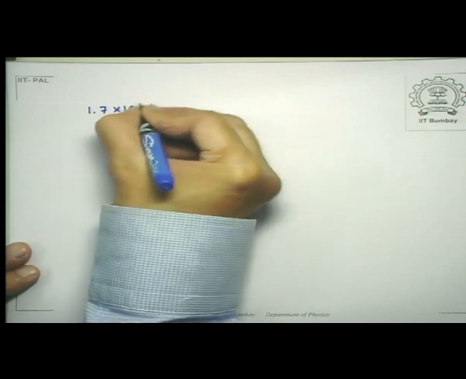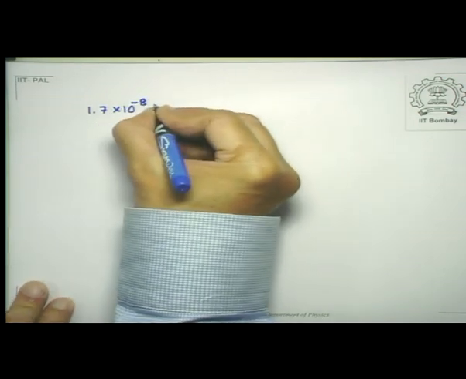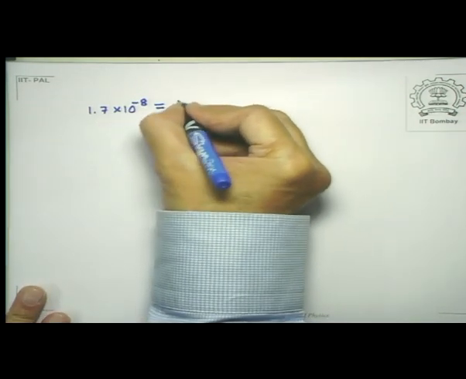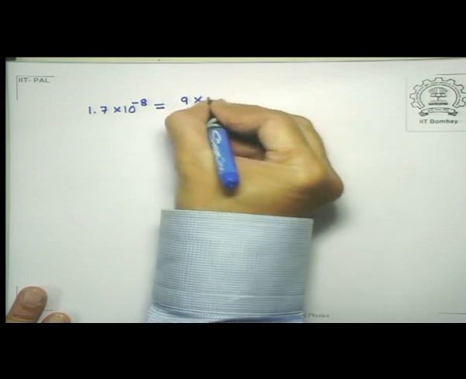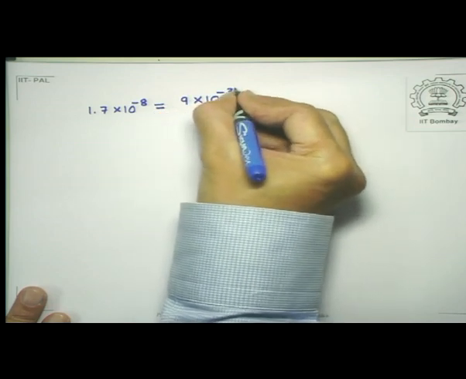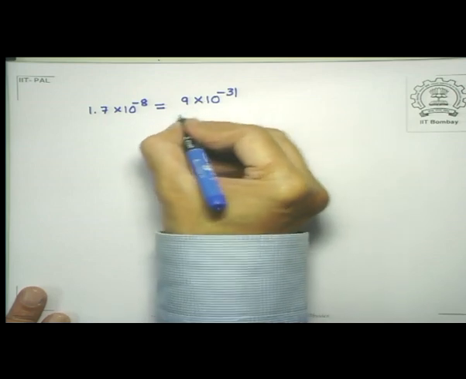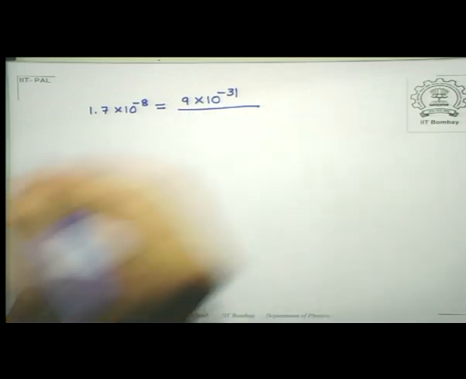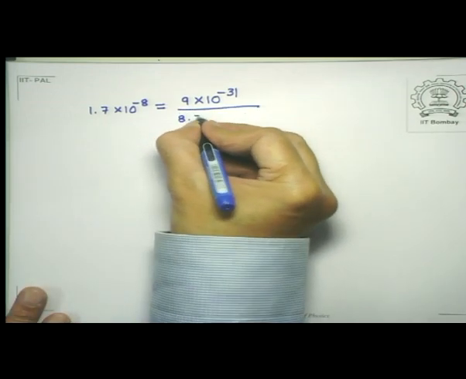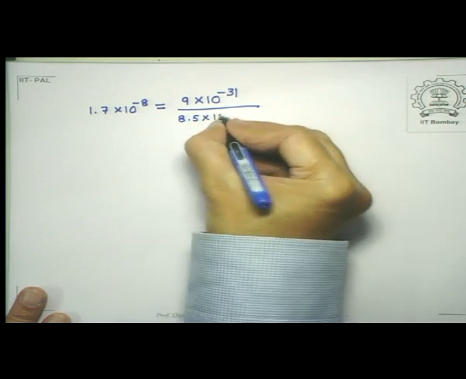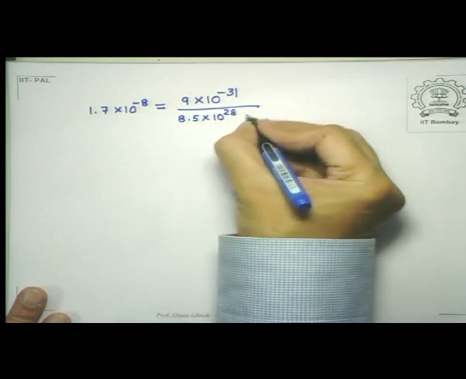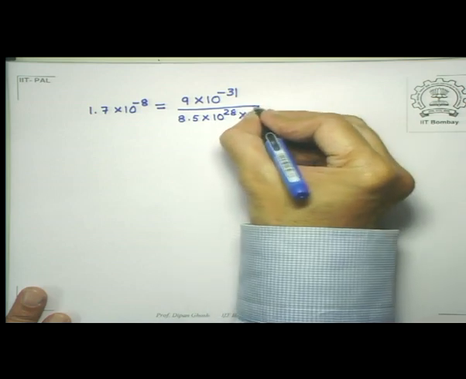So, therefore, for copper, 1.7 into 10 to the minus 8, which is my resistivity, is m, the mass of the electron, 9 into 10 to the power minus 31 kg, divided by n, which we calculated in that problem to be 8.5 into 10 to the power 28, into E square.